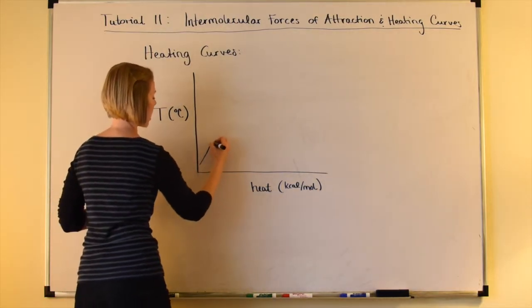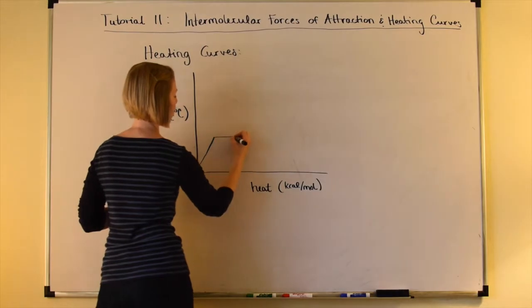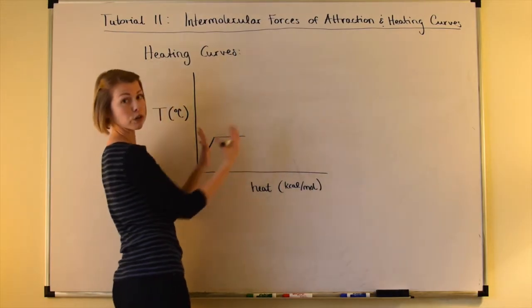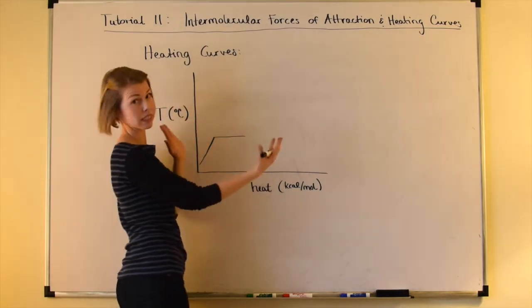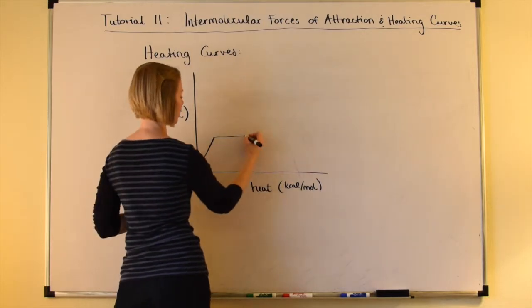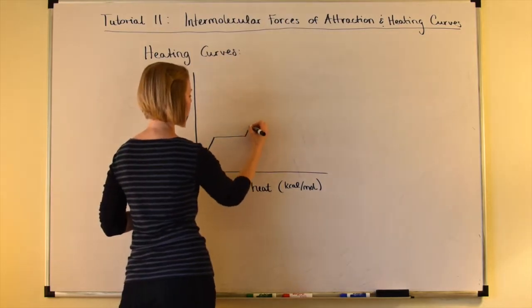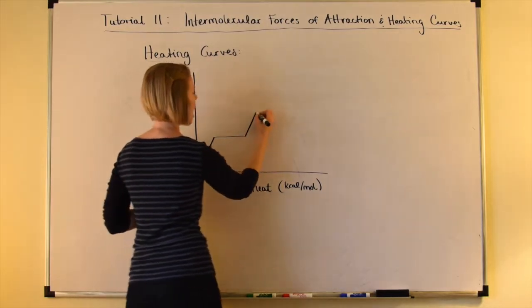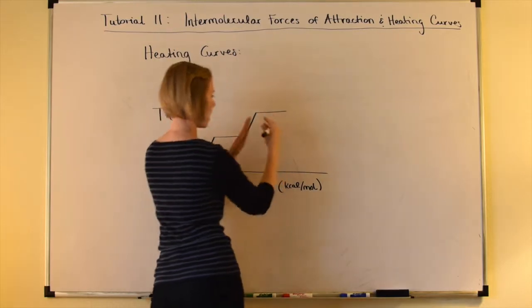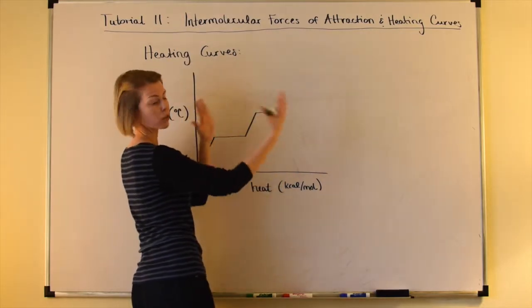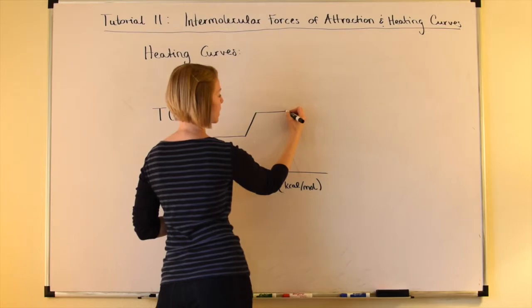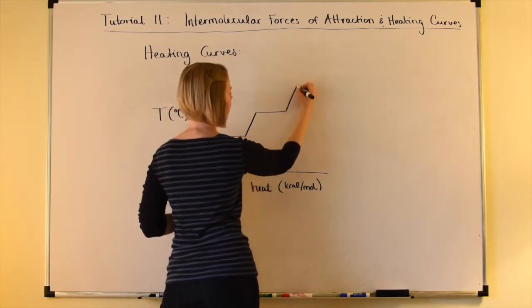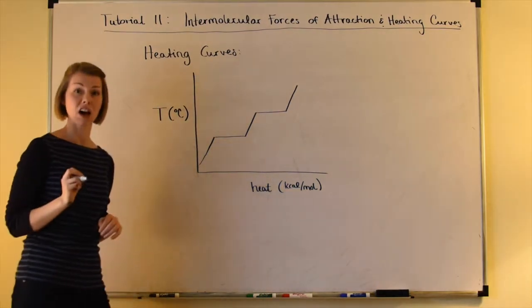You're always going to have a line followed by a plateau. The plateau can be longer or shorter depending on what substance it is and what the heat of fusion for that substance is. And then that's followed by another line and another plateau. And again, that plateau can be bigger or smaller depending on what the substance is and what the heat of vaporization is. And then finally, one last line.